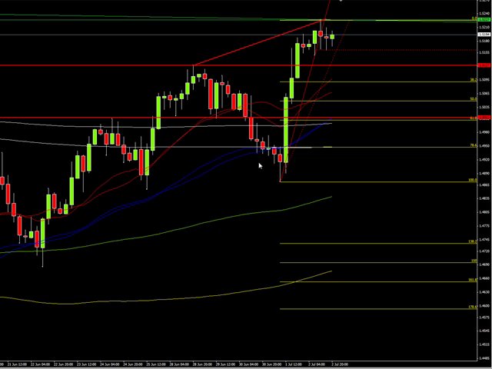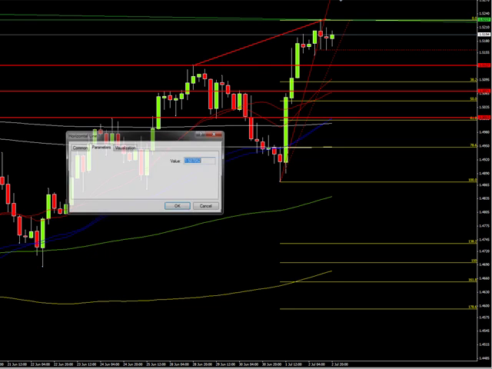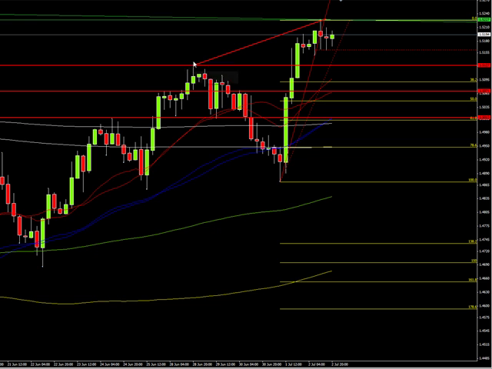The pound dollar has a habit of retracing around 50%, 50 to 61.8%. So I'm just going to try and draw these levels in based on that. There's another area of support, resistance there, previous resistance. So previous area of resistance there, another previous area of resistance there, and another one here.